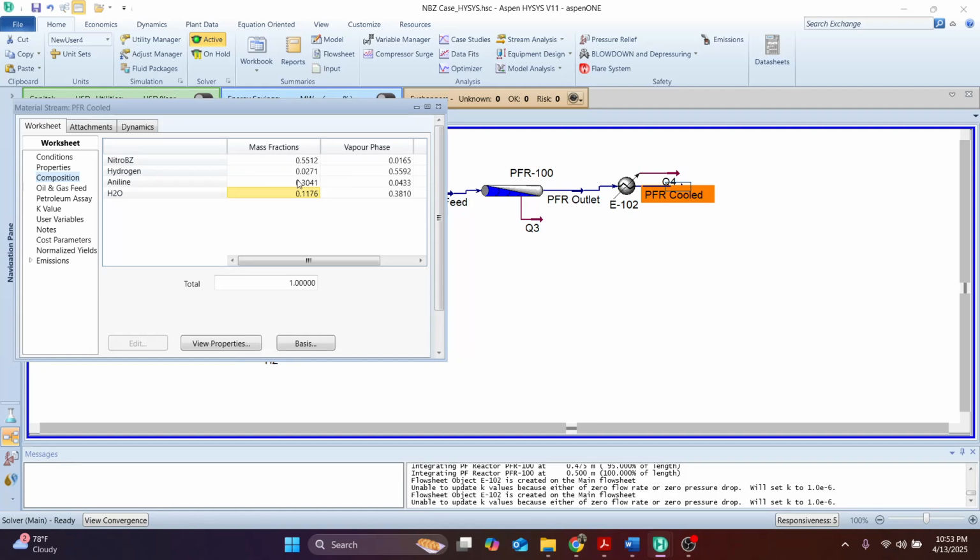But you must notice that most of the thing you want to get rid of is the hydrogen.